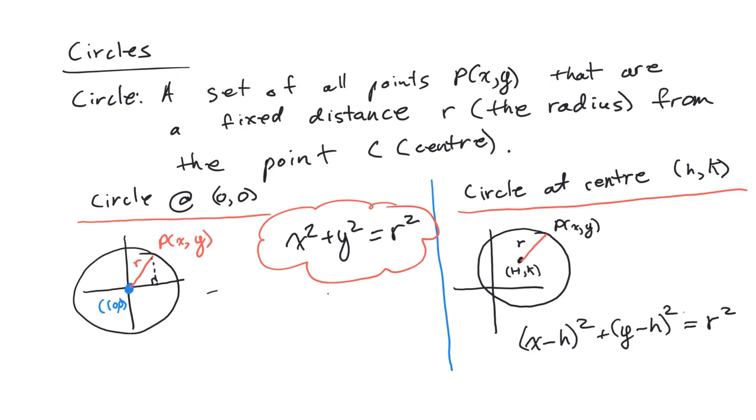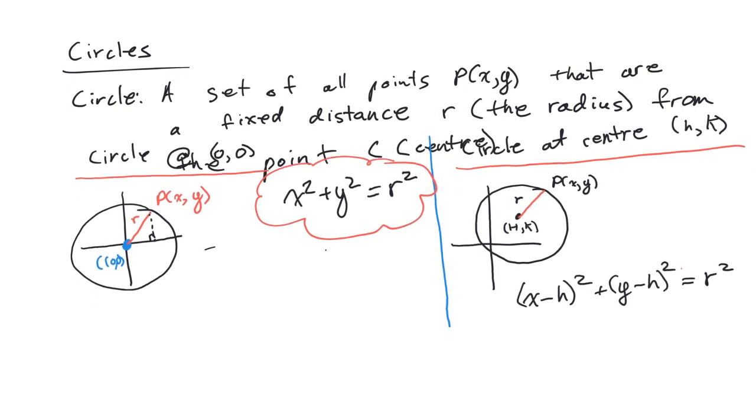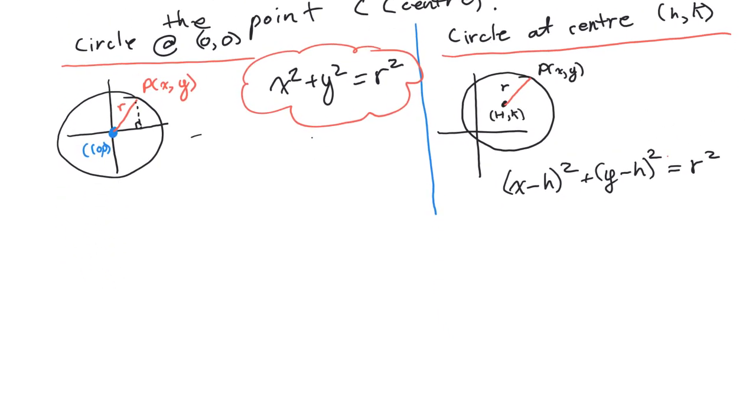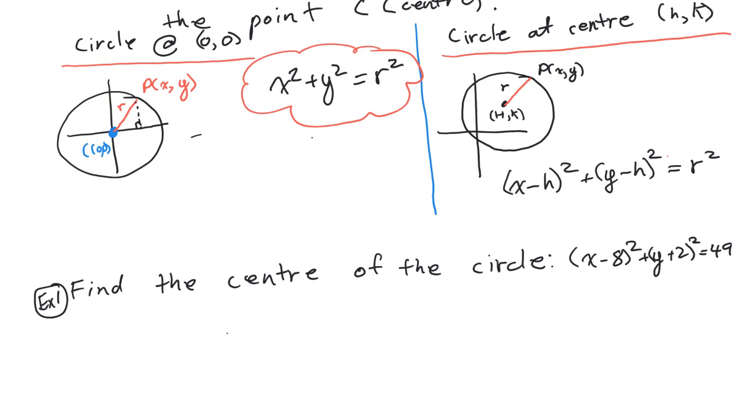So now, let's take a look at this problem. Okay, find the center of the circle that's defined by x minus 8 squared plus y minus 2 squared equals 49. So when you define that, let's go and do the solution. Let's find the center and the radius.